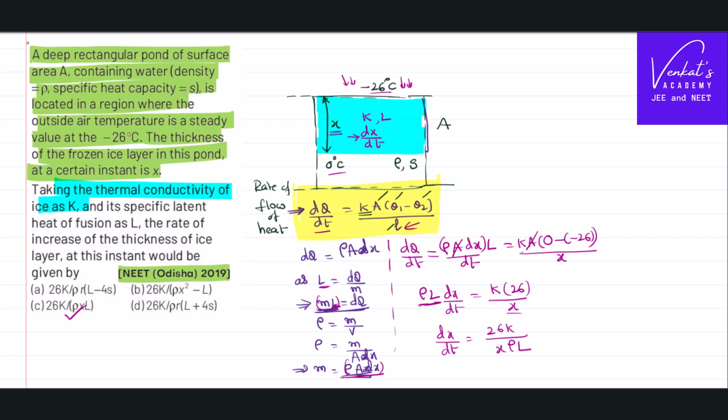The proportionality constant is called the coefficient of thermal conductivity. I have just substituted the data. The only thing is I have converted dq into mL, as latent heat is given, and m I have converted in terms of density, area and thickness. That's how we have to solve the problem.